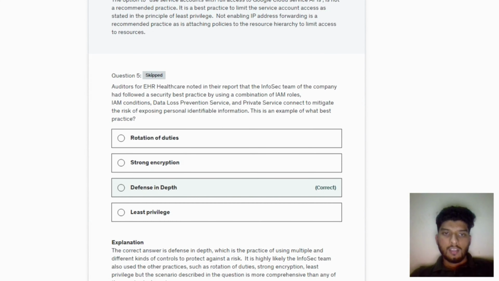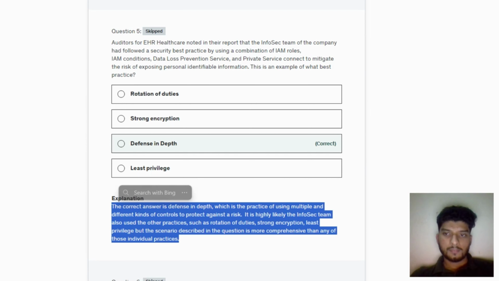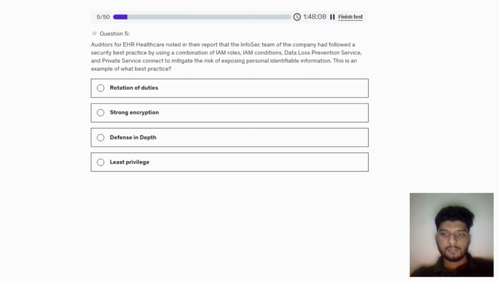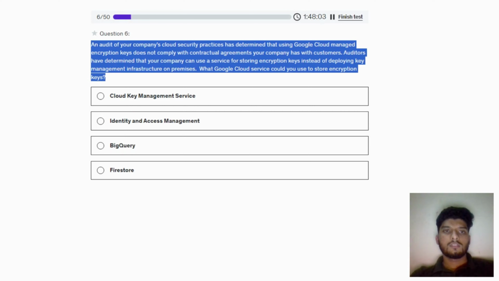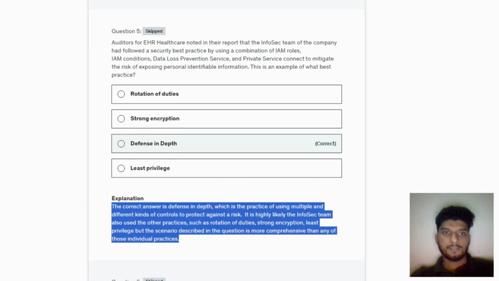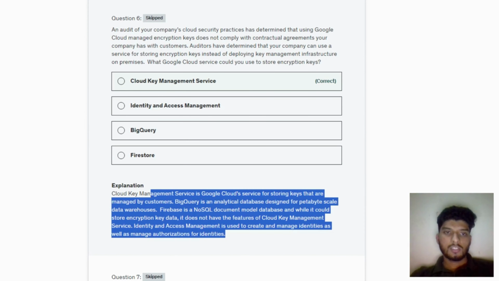And here's the explanation of the correct answer for your reference. And question 6, the right answer of this question 6 is Cloud Key Management Service. Here is the explanation of that question.